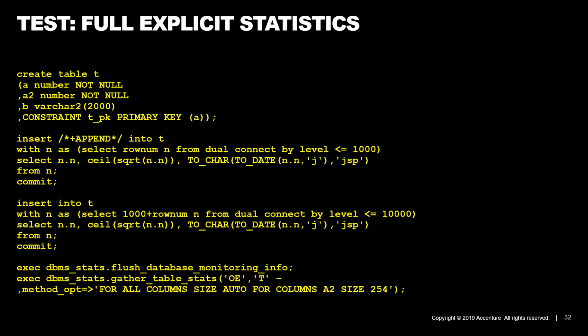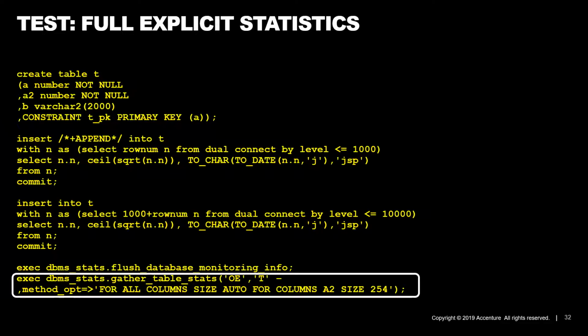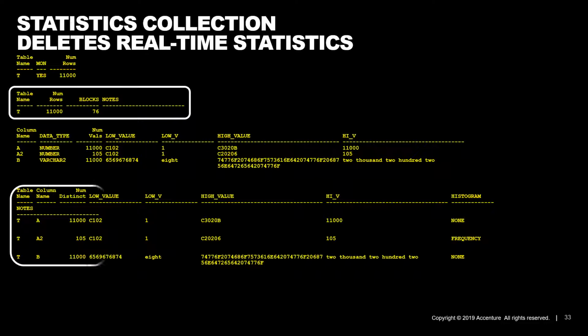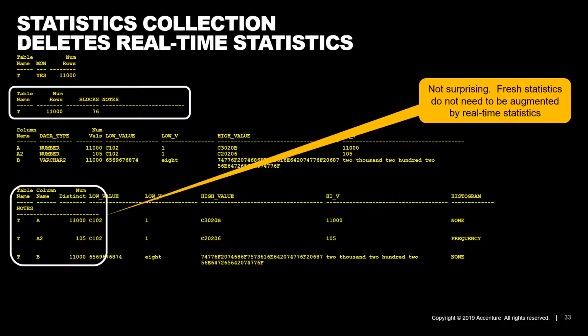Just to close this out, I'll repeat the test, but this time I'm going to gather explicit statistics at the end. Now, when I look at the statistics in the data dictionary, I get the right number of rows on my table, but I don't get any real-time statistics. It's not really surprising.